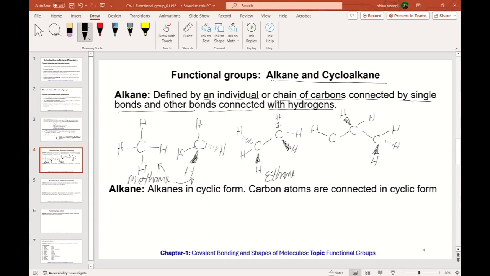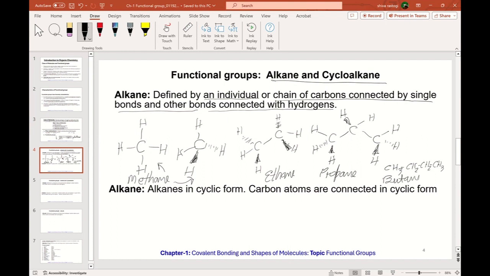Then one hydrogen, second hydrogen, and third hydrogen. So this is called propane. Another example is butane: CH3, CH2, CH2, CH3. So this is butane.